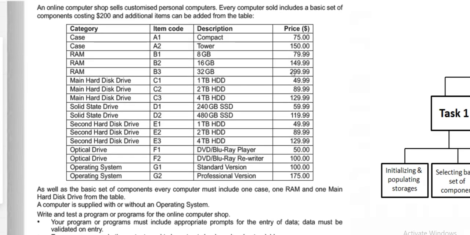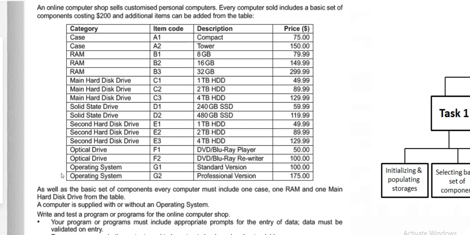You can see in this table there are different categories like the case, RAM, main hard disk drive, solid state drive, second hard disk drive, optical drive, and operating system. These categories have different item codes, and there is a description for each item code, and the relevant price is also written over here.